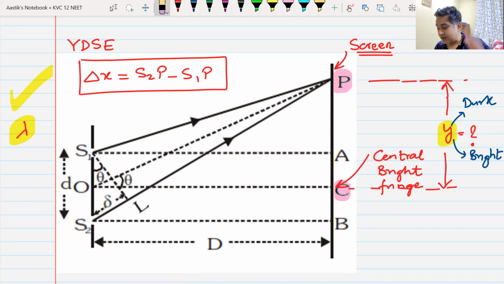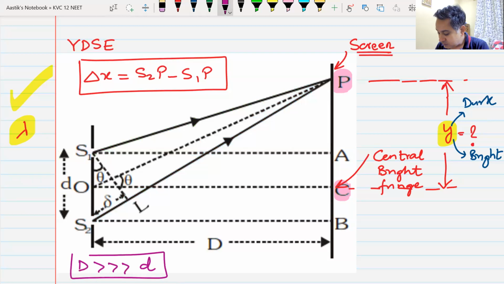I have taken the assumption that capital D is very large compared to small d. This screen is very far. In the double slit experiment, the slits are very close to each other and the screen is very far.